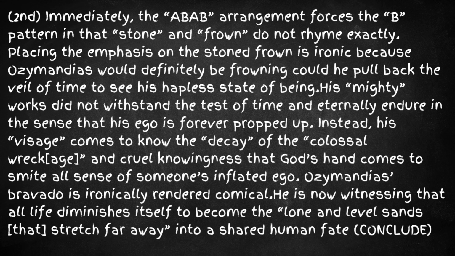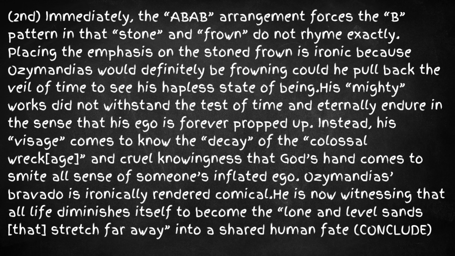Here it is. Immediately, the ABAB arrangement forces the B pattern in that stone and frown do not rhyme exactly. Placing the emphasis on the stone frown is ironic because Ozymandias would definitely be frowning could he pull back the veil of time to see his hapless state of being. His mighty works did not withstand the test of time and eternally endure in the sense that his ego is forever propped up.